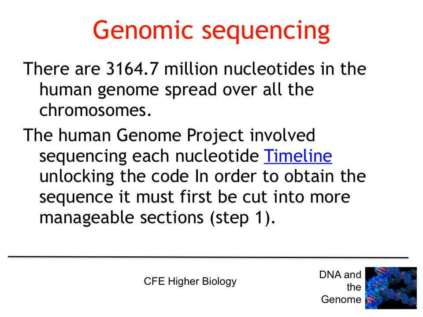There's a timeline that I'll put on; it was a link on here, but it won't work. I'll just add that to your iTunes U course. It's called Unlocking the Code, and I'll put it on the iTunes U course for you to have a look at. But in order to get the nucleotide sequences, they had to cut up the sequence into more manageable sections.